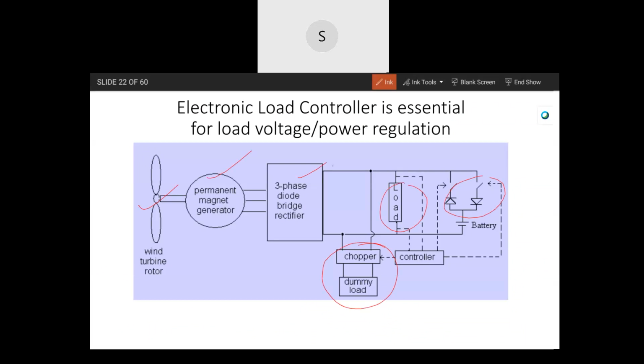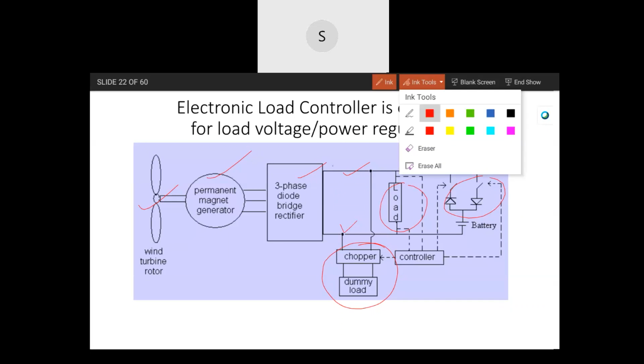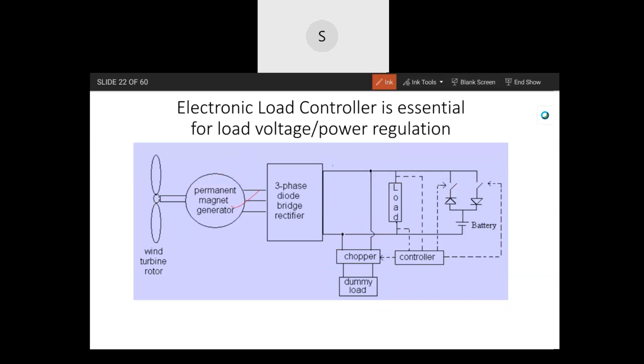The battery charge and discharge control you can do. So, to keep the voltage constant, what is required? Power balancing is required. Many students overlook this actually. They think that you can control the voltage irrespective of the power balance. Here, the power generated and the power consumed, these two should be the same. If there is more generation coming, the system will force the load to consume that entire power.